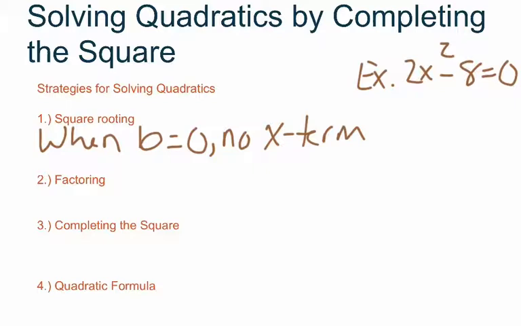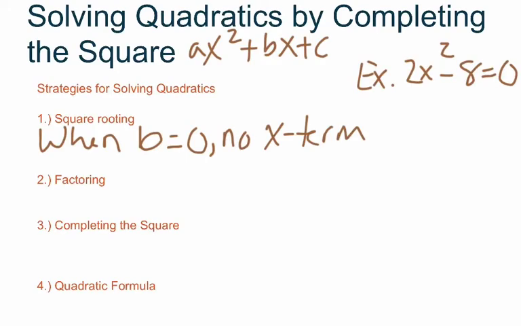So you have ax squared plus bx plus c. If b is 0, then you would have 0x, and 0x is 0, and it ends up dropping out.